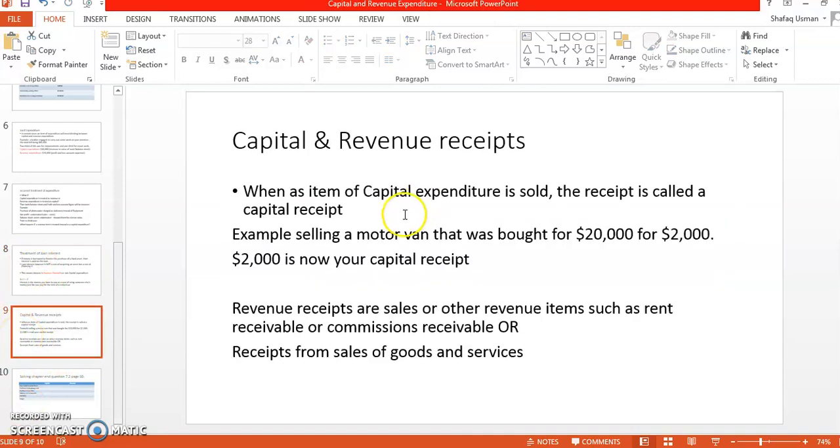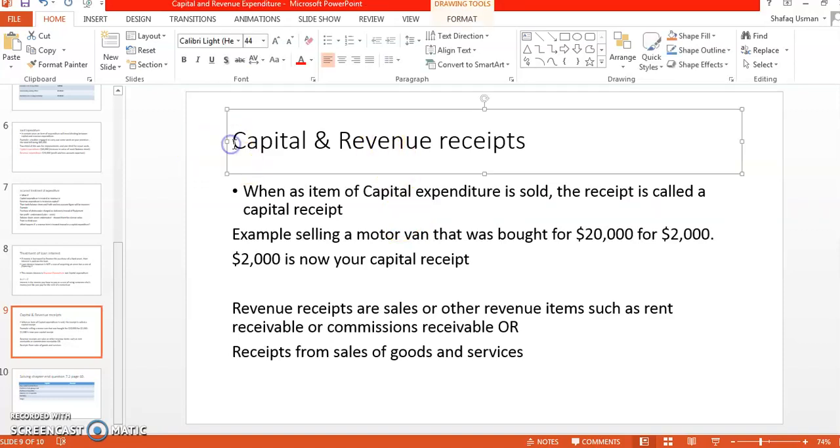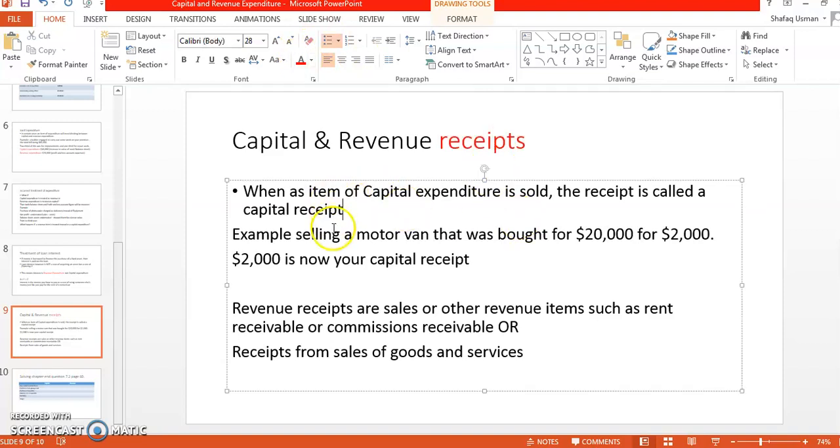Moving forth, we will cover the last topic of this chapter, which is capital and revenue receipts. Not expenditure, receipts. Now, please focus here, students. We're talking about receipts now. Capital receipts: when an item of your capital expenditure is sold, the receipt is called the capital receipt.